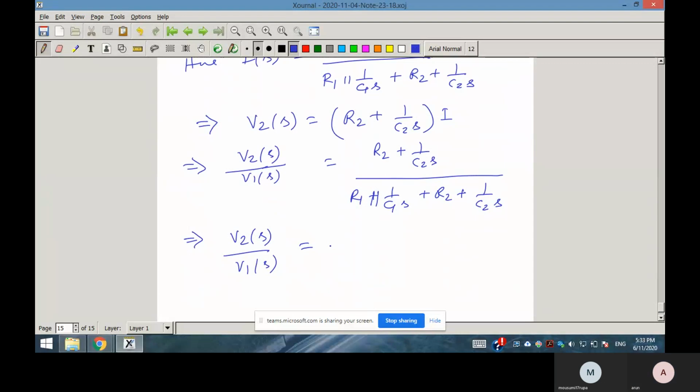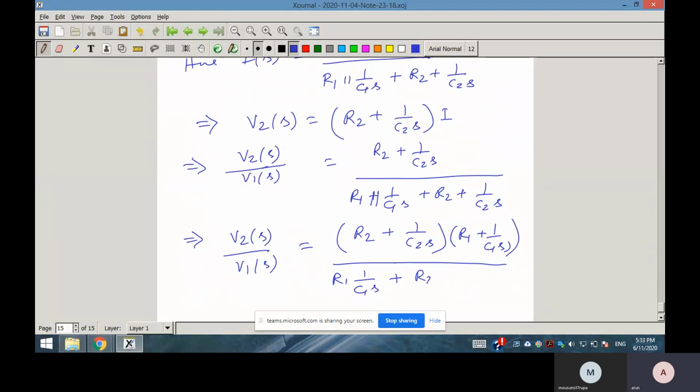This will be your R2 plus 1 by C2s into R1 plus 1 by C1s, please check it, divided by R1 into 1 by C1s plus R2 plus 1 by C2s into R1 plus 1 by C1s.